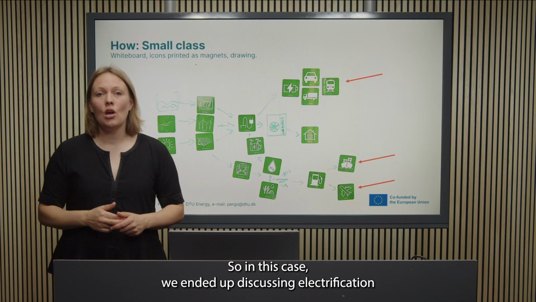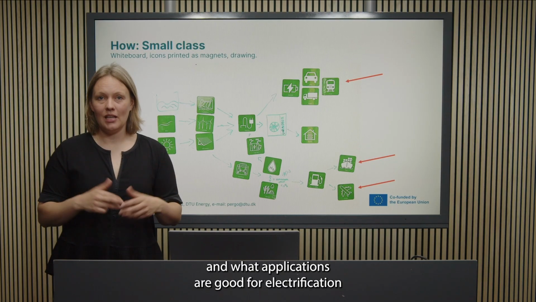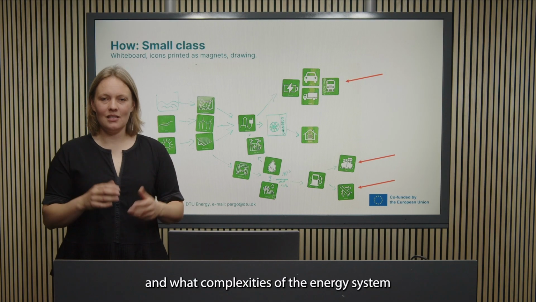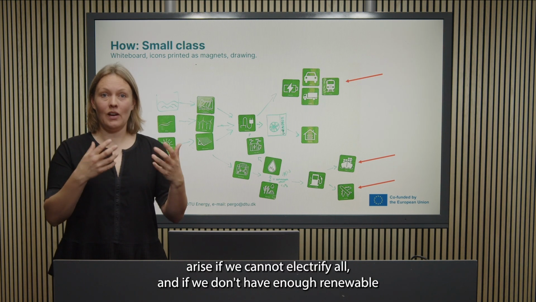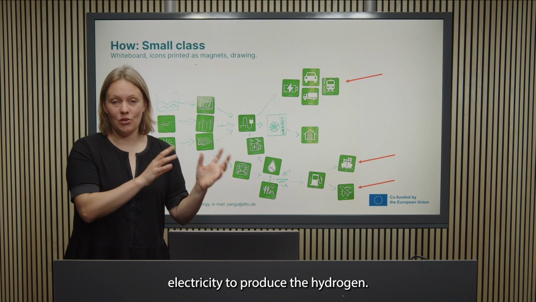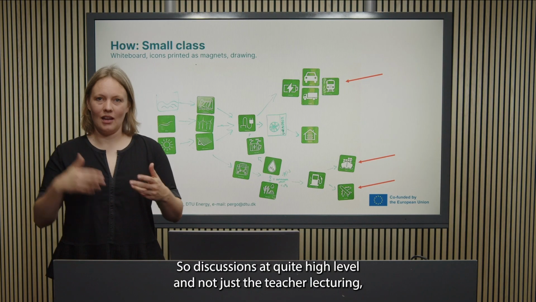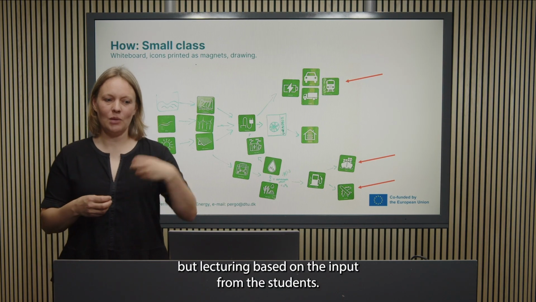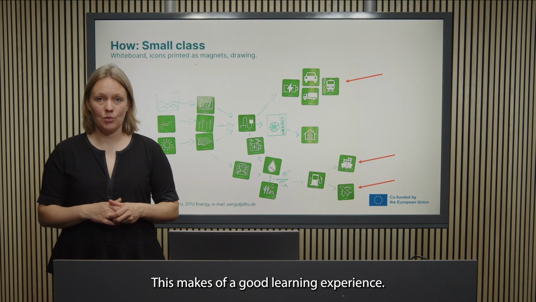So in this case, we ended up discussing electrification and what applications are good for electrification and what complexities of the energy system arise if we cannot electrify all, and if we don't have enough renewable electricity to produce the hydrogen. So discussions at a quite high level, and not just the teacher lecturing, but lecturing based on the input from the students. This makes for a good learning experience.